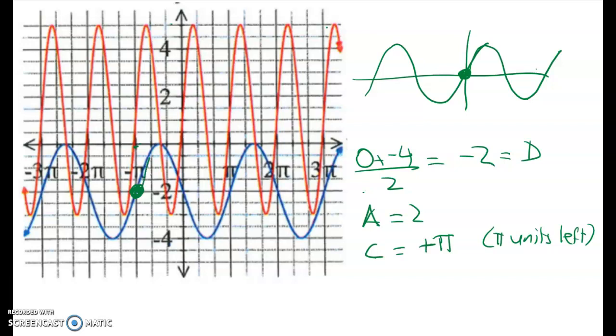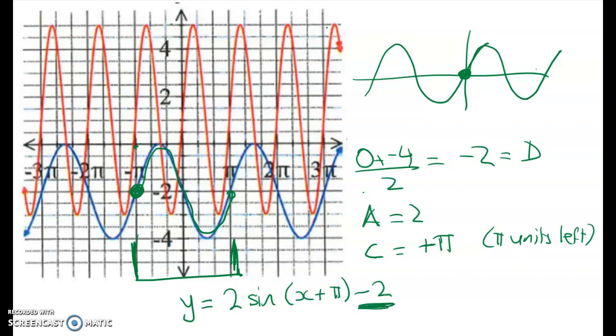You can see that one full cycle is still taking from -pi out to pi. So that means that this equation is going to be y is equal to 2 sine, and then it's going to be x plus pi, minus 2. Right, this minus 2 is the vertical shift, this 2 is the amplitude change, and this is my horizontal shift.